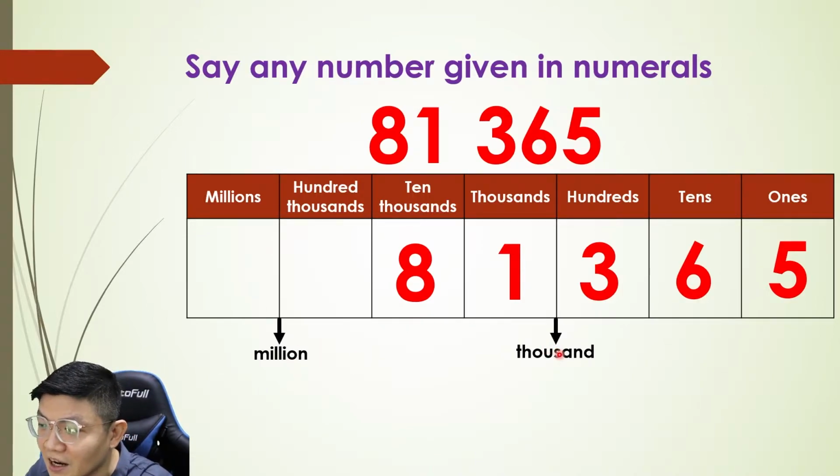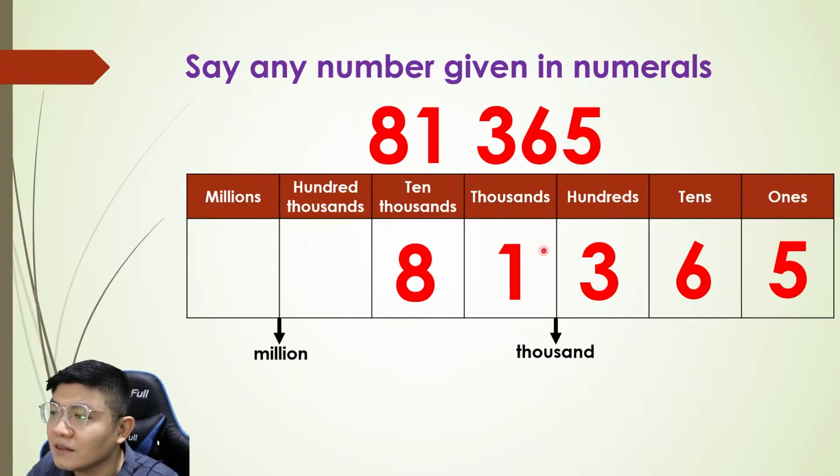But in the group of 1,000, before that, we have 8 and 1. This is under 10,000 and 1,000. So we group together, and we read 81. Now, the group is 1,000, right? So we read 81,000. And this 3 represents 100.